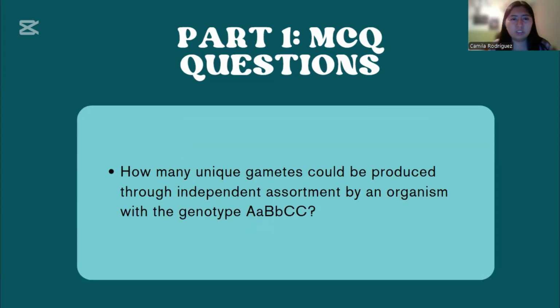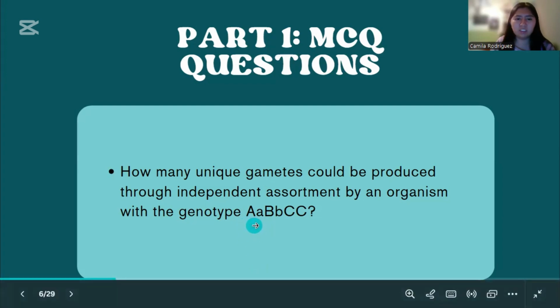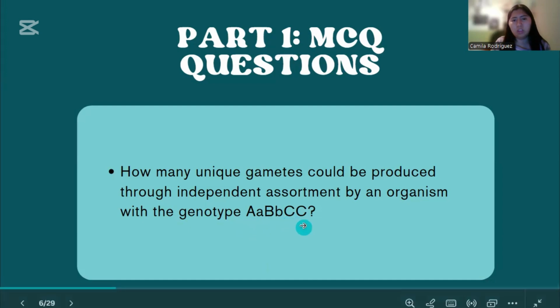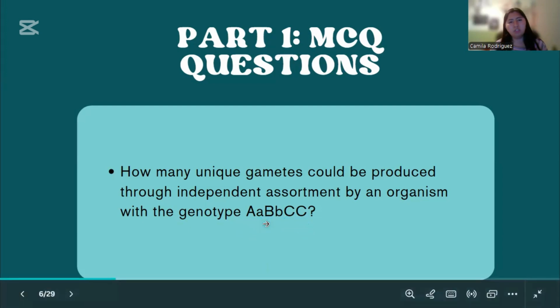So, second question. How many unique gametes could be produced through independent assortment by an organism with the genotype AaBbCC? As you can see here, Aa is heterozygous, Bb is heterozygous too, and CC is completely dominant, homozygous. So, now the explanation.